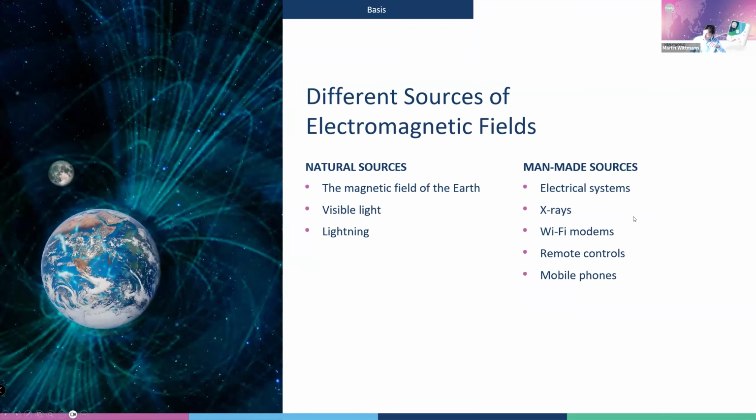Then we have man-made sources like electrical systems, computers, X-rays, Wi-Fi modems, remote controls, mobile phones, and lots more. Everything that uses electrical current also has an electrical field, as we already learned.